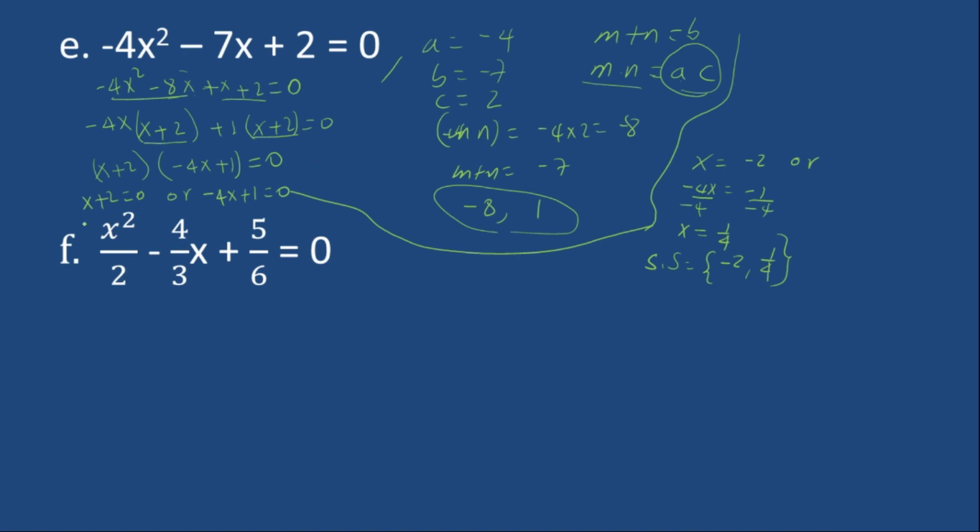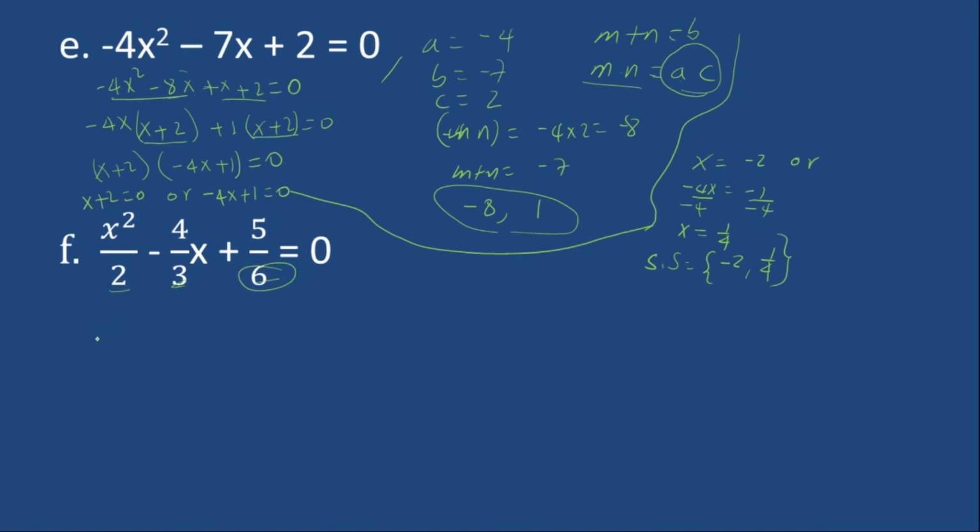For F, there are fractions in the coefficients. In order to remove these fractions, just multiply by the LCM of all the denominators, 2, 3 and 6. The LCM of 2, 3 and 6 is 6.